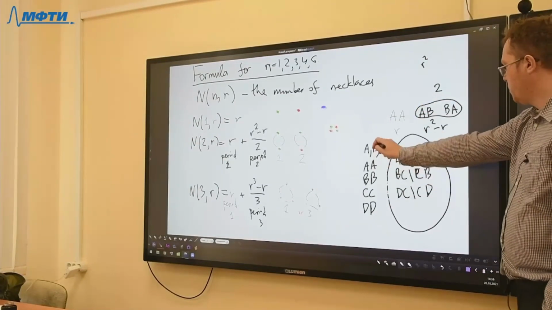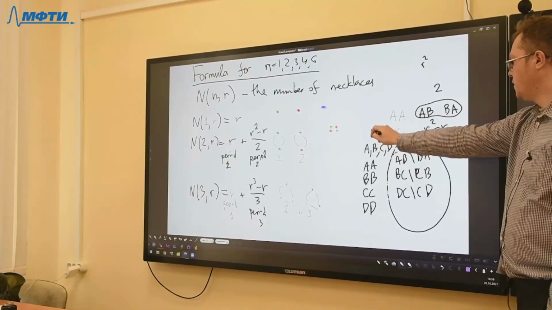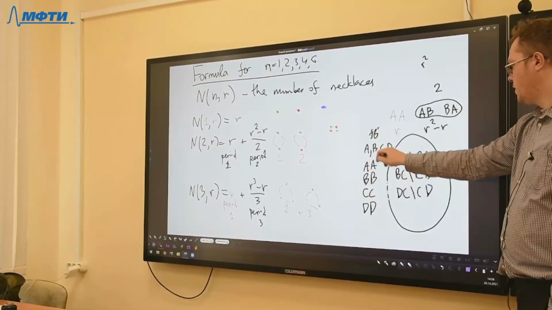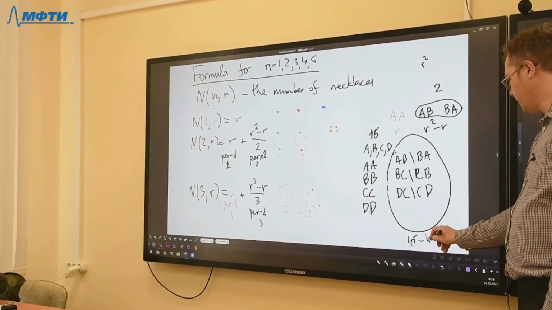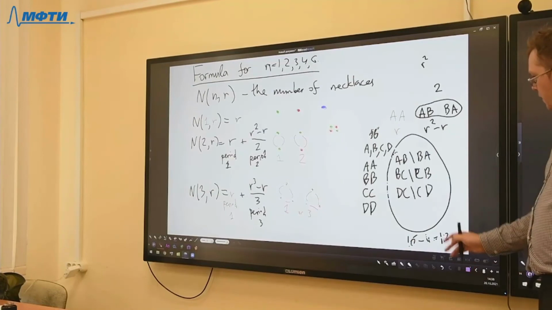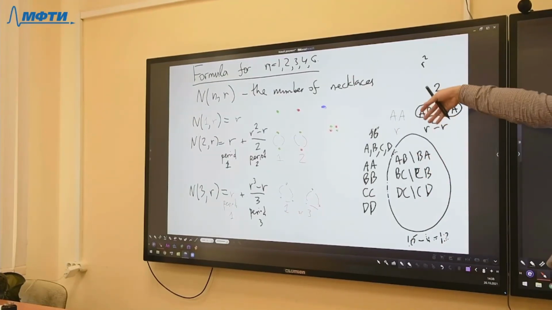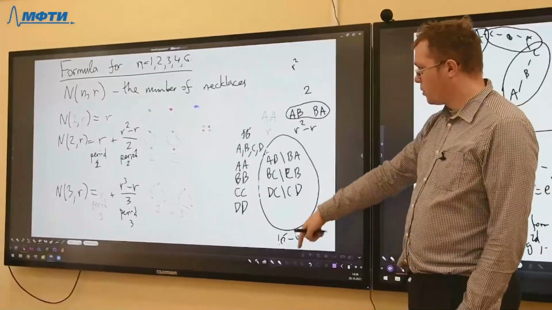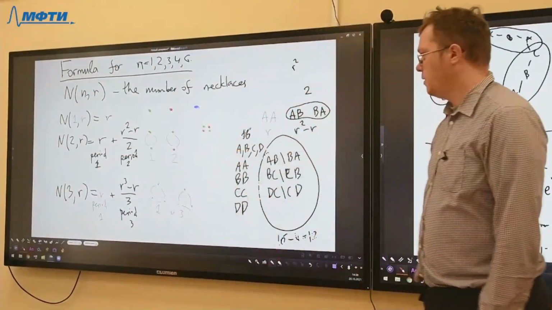We calculate the total number of words, which is 16 of two letters, and subtract 4. So the total is 16 minus 4, 12. And each two words is one circular word, or one necklace. So we need to divide: 12 over 2. And the same goes for n equals 3.